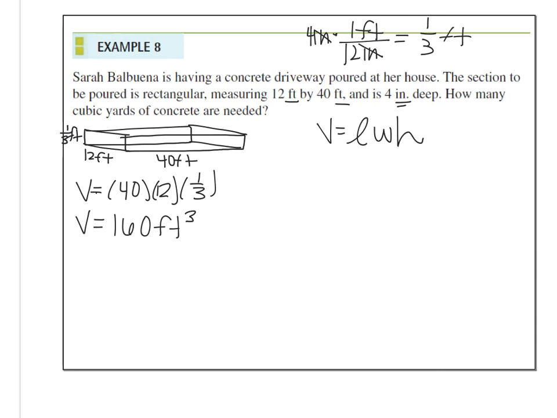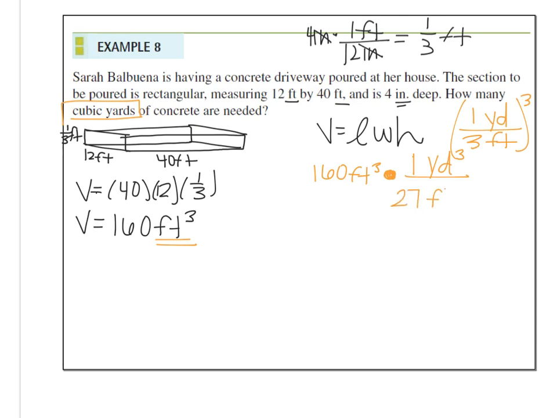Now let's go back to the question. It asked for cubic yards. So we have to convert this again to change the feet into yards. So I think, okay, 160 feet cubed, how many yards is that? Well, in 1 yard, we have 3 feet, so we have to cube it. We're multiplying here, it's not equaling 1, so we raise 1 to the 3rd, well that's 1, and then yards cubed over 3 cubed is 27 feet cubed.